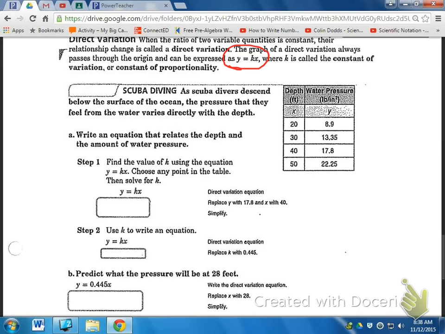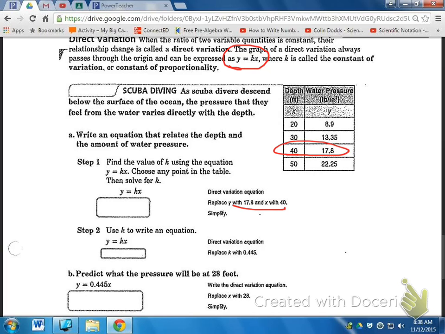So this example with the scuba diver is a direct variation relationship, and you can make predictions based on that information. So we're going to use this equation, y equals kx, and we're going to pick out a point, and it looks like over here they've picked one. We're going to pick out this one, and we're going to figure out that constant k.